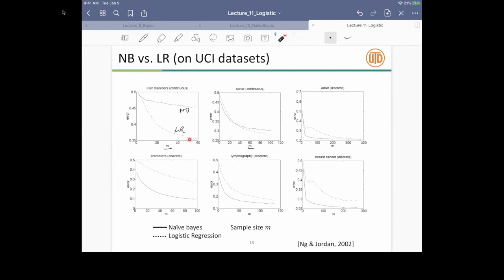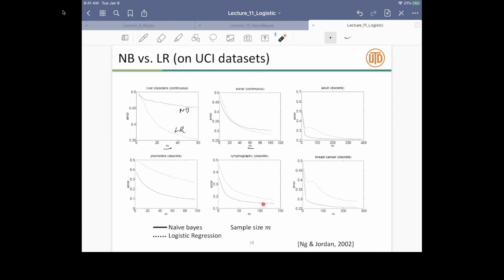Particularly over here, logistic regression is much better than naive Bayes, so the naive Bayes assumption is probably not a good idea. In continuous data sets, oftentimes naive Bayes does not perform well. But in many of these discrete data sets, naive Bayes performs decently. Over here, naive Bayes performs pretty well, and logistic regression is in fact much lower.